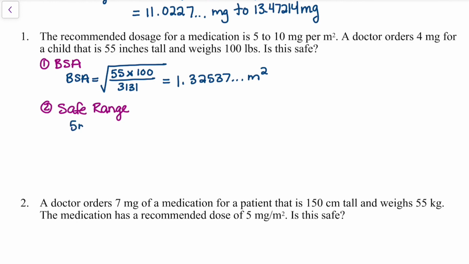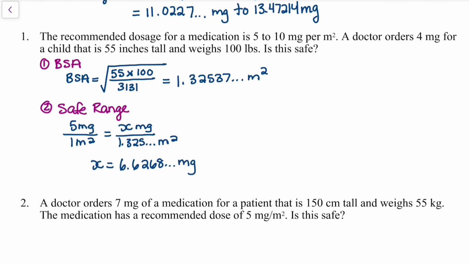So I have 5 milligrams on the low end per meter squared. What is the milligrams for 1.325 and so on meters squared? Get x equals 6.6268 so on milligrams.